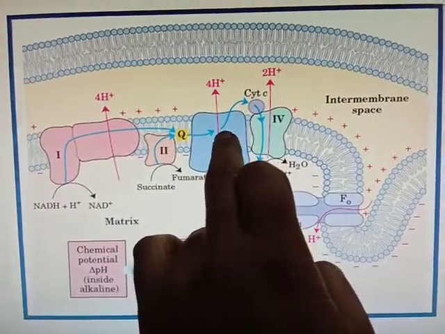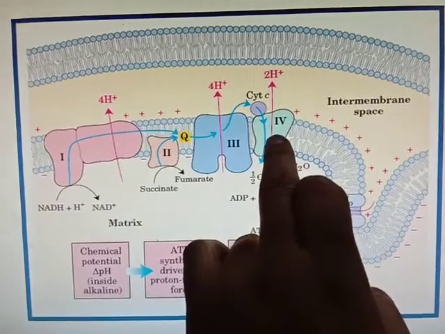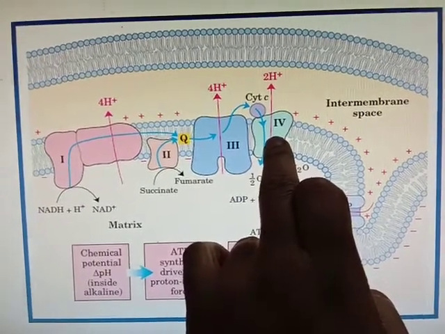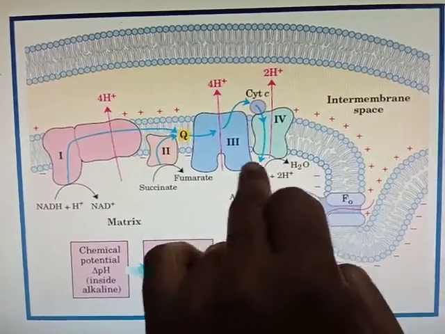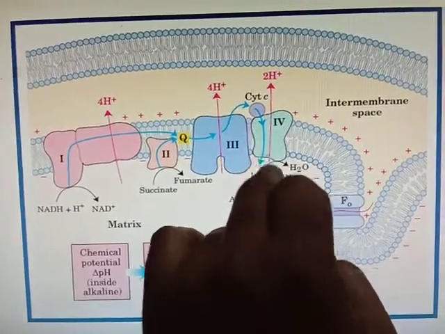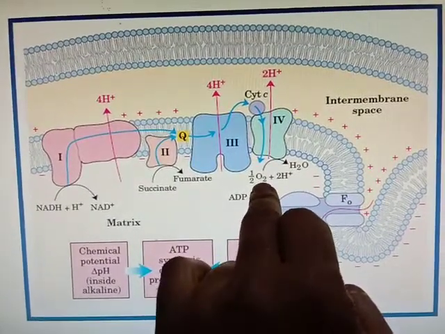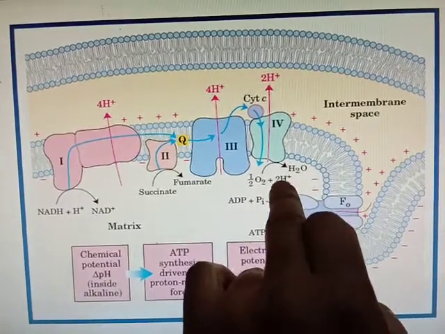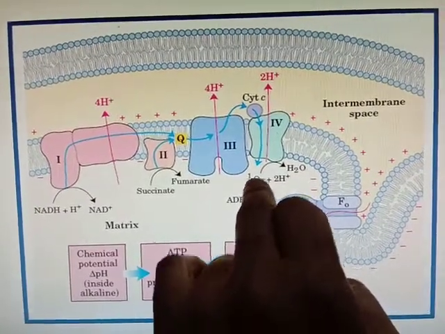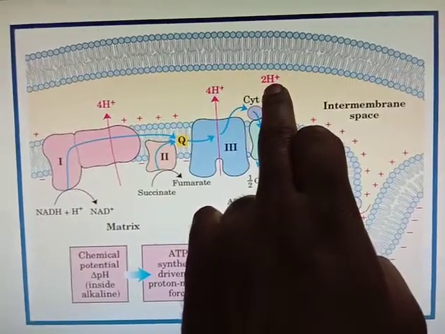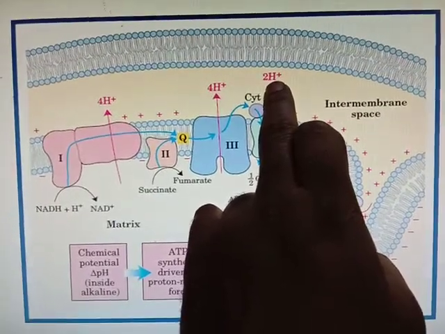Then from C to A and A3, complex 4, here out of 4 protons, 2 protons are accepted by oxygen to form water. Here 2 protons are accepted by oxygen, and 2 protons are pumped out into the intermembrane space.